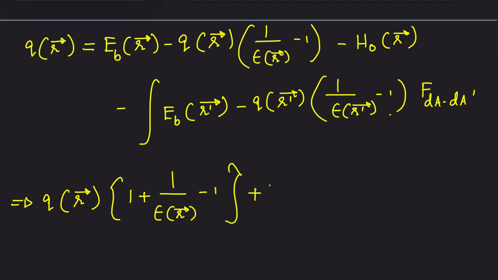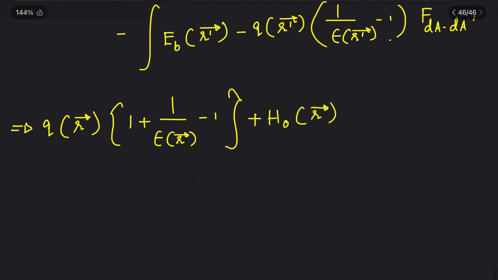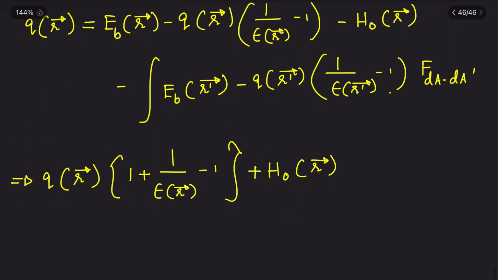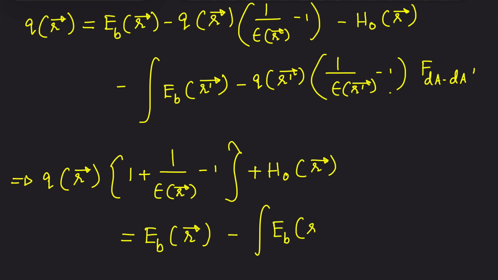I will also take this irradiation to the LHS, just for simplicity, and this is equal to EB r, minus these things. So I will write these separately.